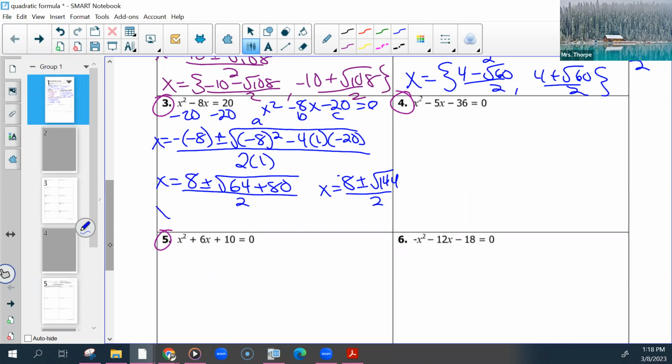So this is where there's more steps, we just have to keep simplifying, because this becomes 8 plus or minus 12. To which we would now separate it and figure out what those two things are. We have 8 minus 12 over 2 and 8 plus 12 over 2.